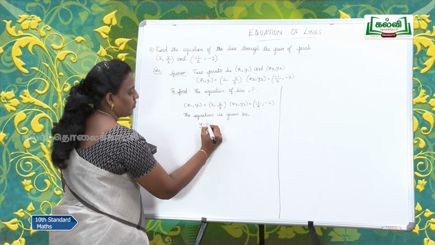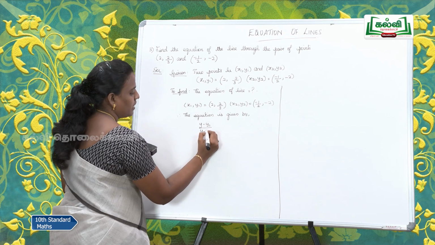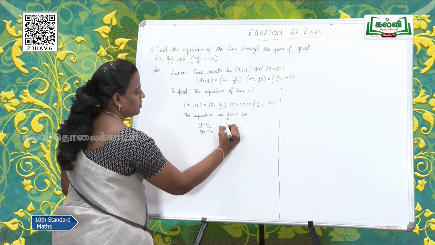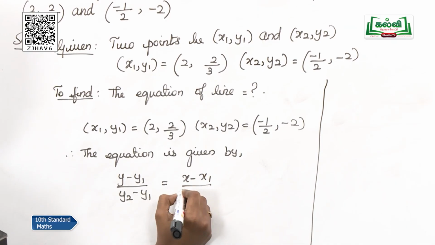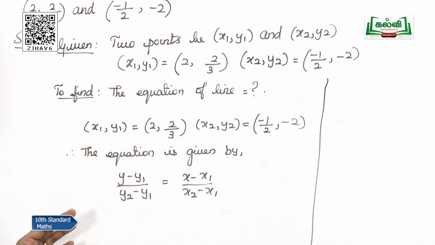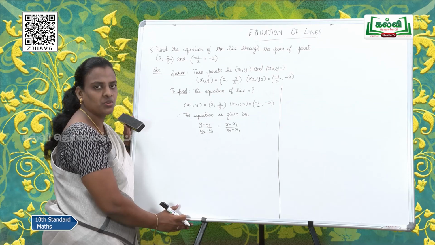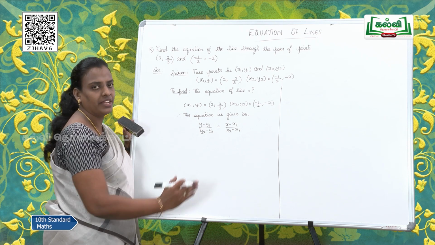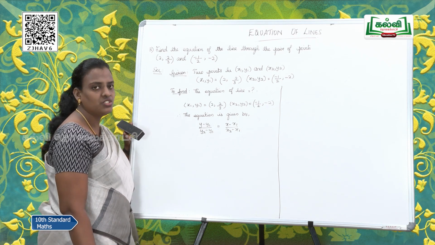(y minus y1) by (y2 minus y1) is equal to (x minus x1) by (x2 minus x1). So I am going to directly substitute the values in the formula and simplify it and find the equation in the general form.